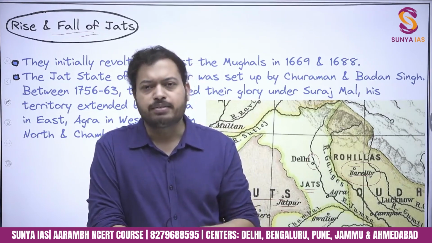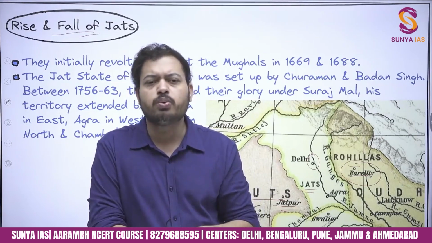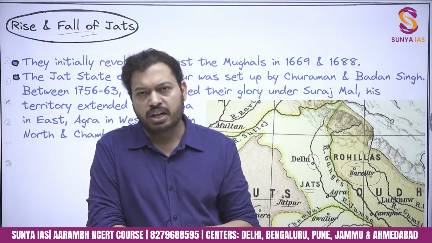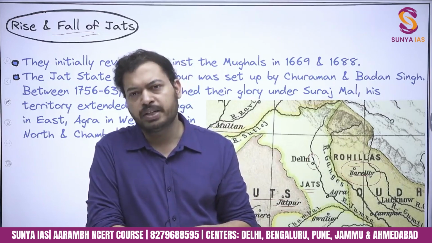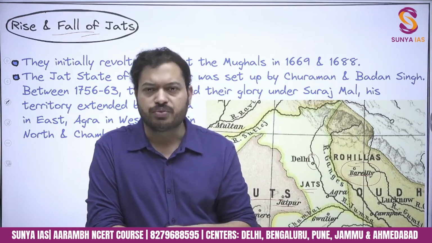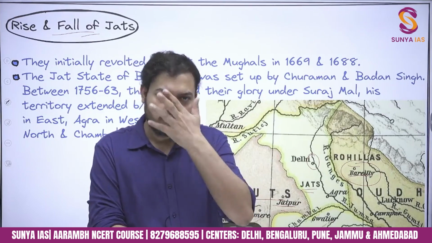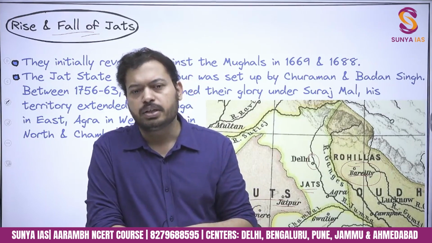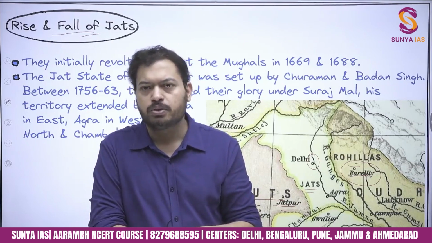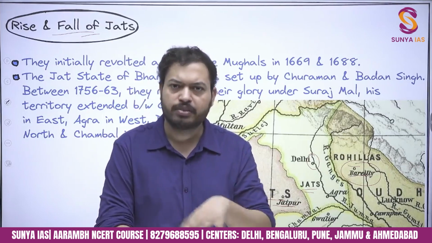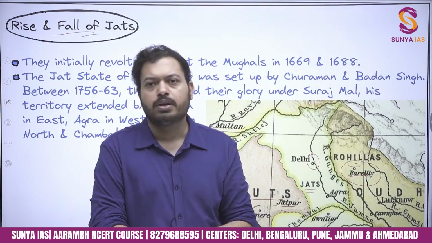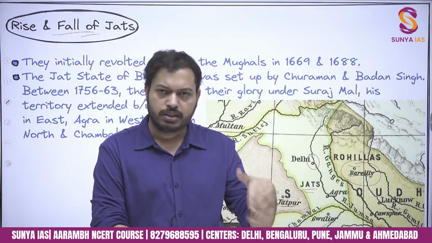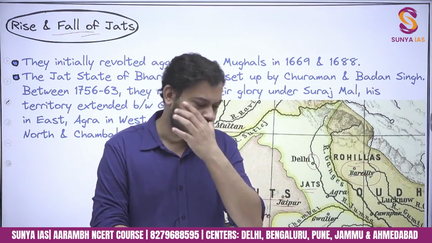So what happened is two of the Jat rulers, Churaman and Badan Singh, came into prominence. They established this new Jat kingdom in and around Bharatpur. Bharatpur bird sanctuary, everyone must have heard about. It's next to Agra in Rajasthan, although, but next to Agra.